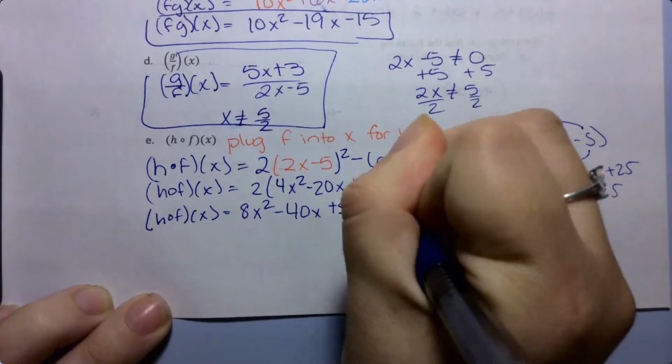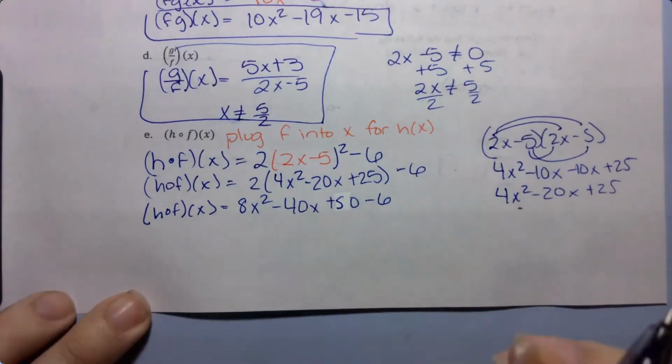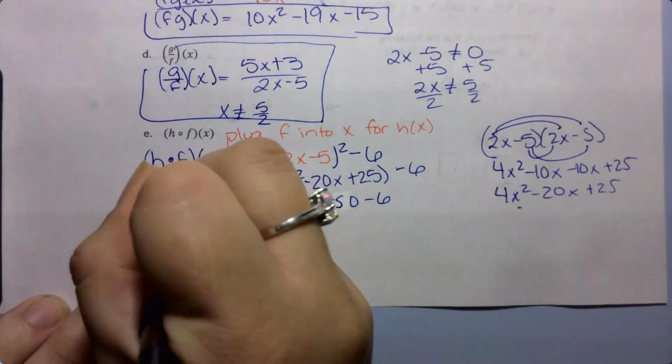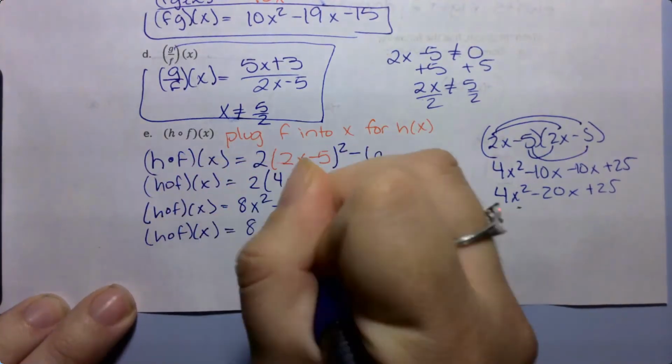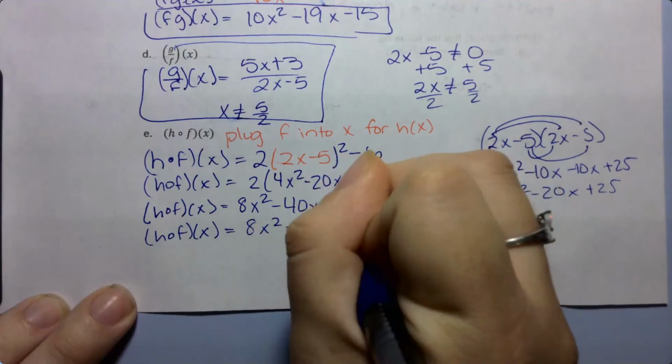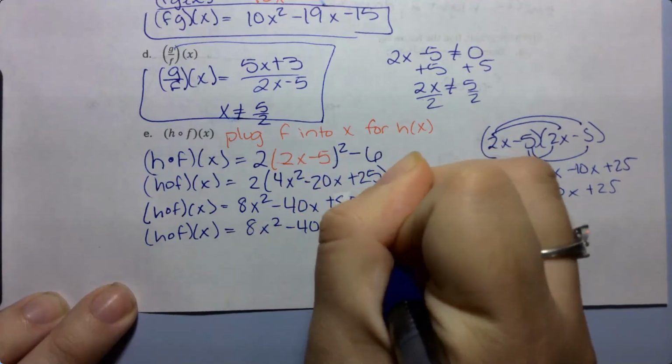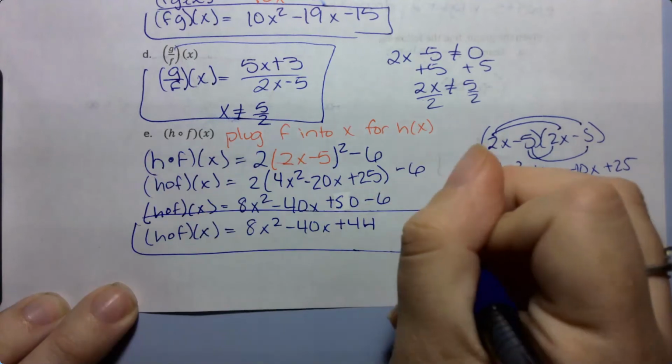And I still have that minus 6 at the end. So then I finally want to go ahead and combine those like terms. I have h of f of x, which gives me 8x squared minus 40x plus 44. So this is my final answer here.